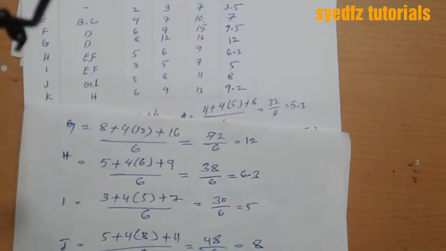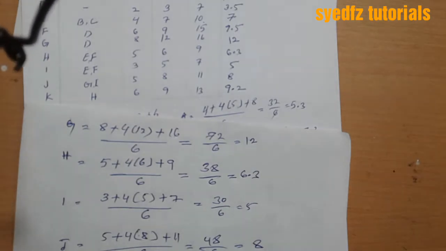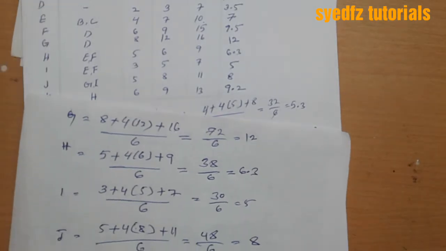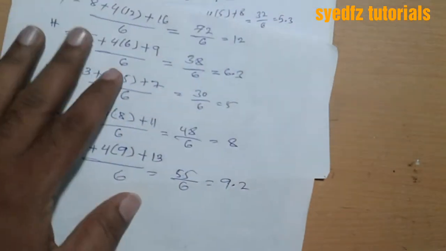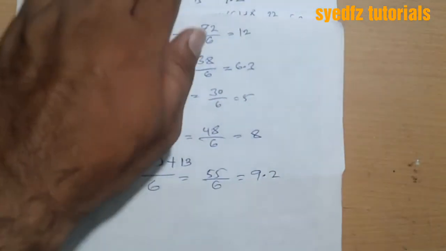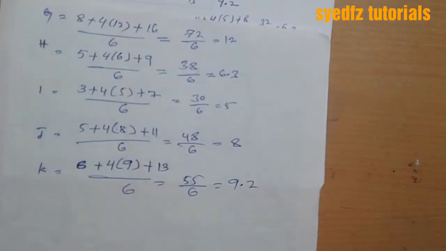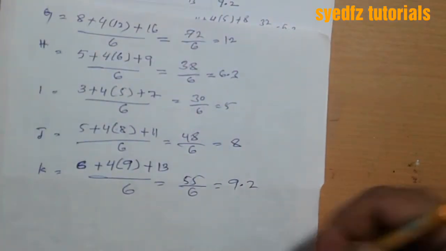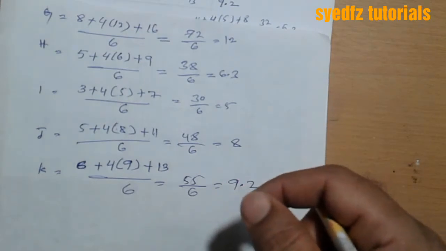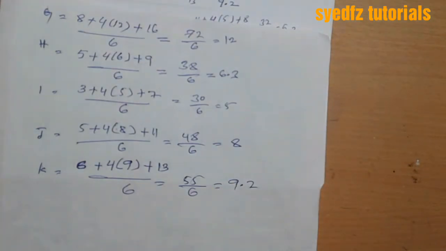Now create a network. Okay, draw a network. First what we have to do is draw it in a working note, then we will draw it in a good manner. Okay, first draw in a rough note.